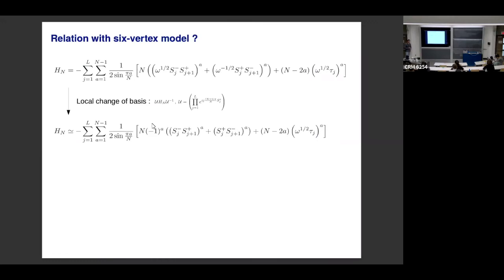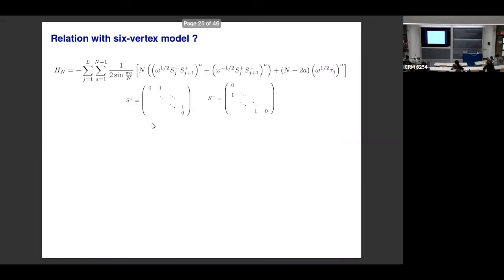I think you mentioned that it was not clear in the setting of the quantum group.